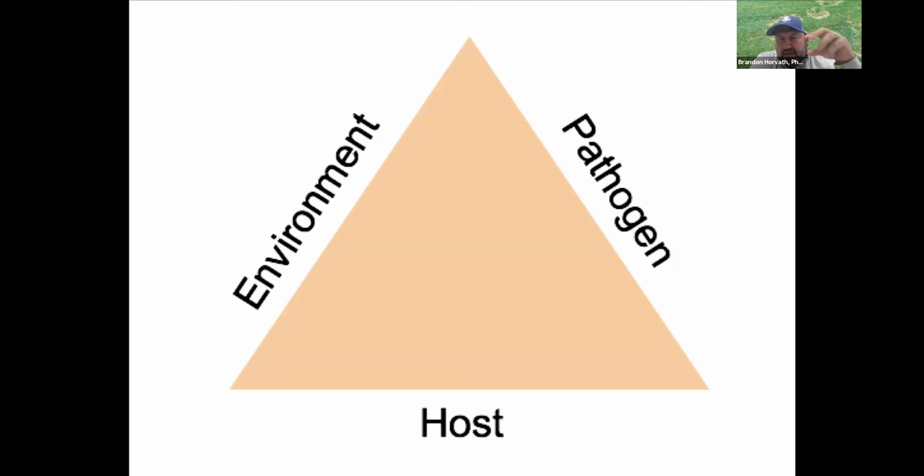Well, if you've not done anything to modify the host or modify the environment to shrink the size of that triangle down, then the 5% that's left over that the fungicide doesn't get could be a decent amount, and that could result in you looking at an area and going, gosh, this didn't seem to work.